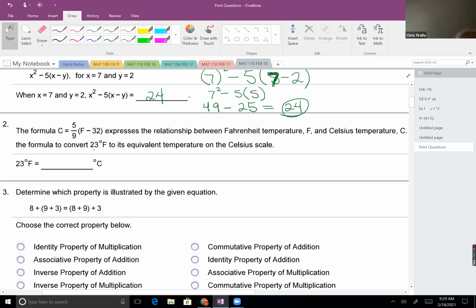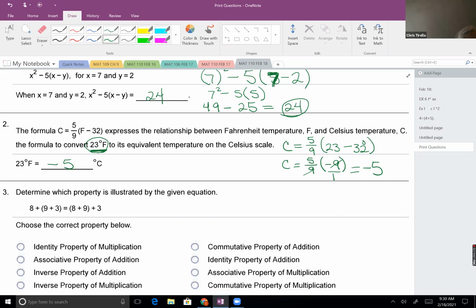So 23 Fahrenheit means we're going to substitute in 23 for F. And so that gives us C equals 5 ninths times F, which is 23 minus 32. 23 minus 32, I believe, is negative 9. When I do that multiplication, I get negative 5. That one's all right.